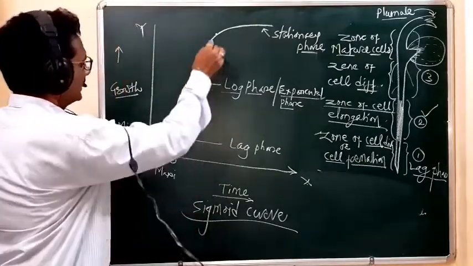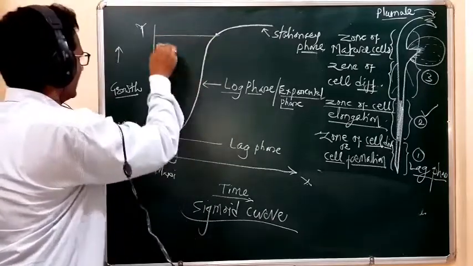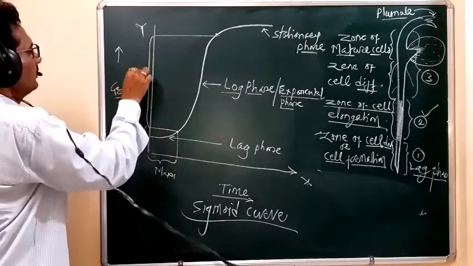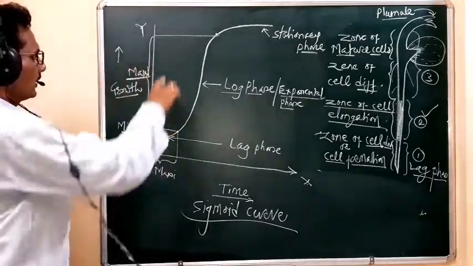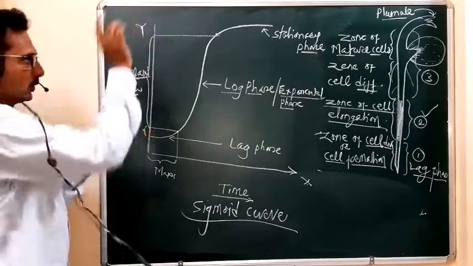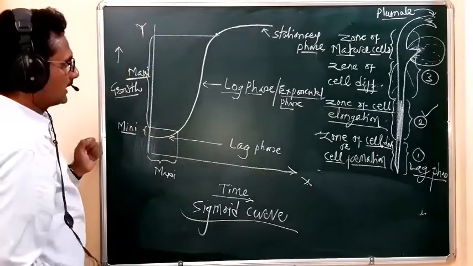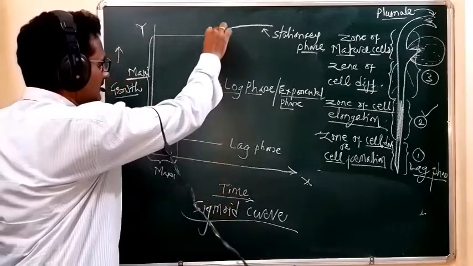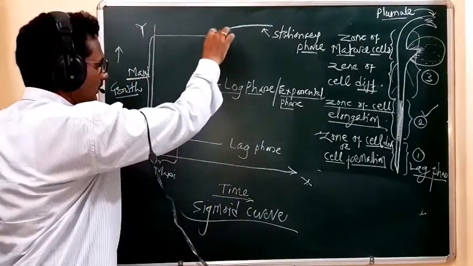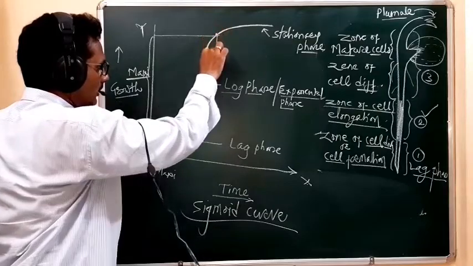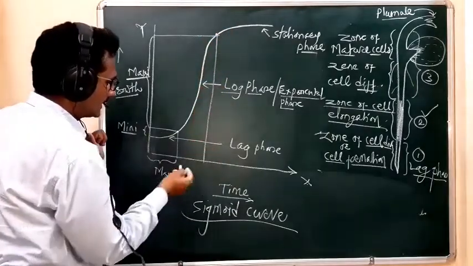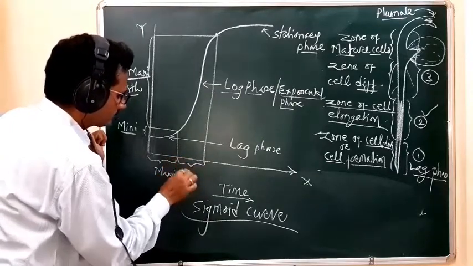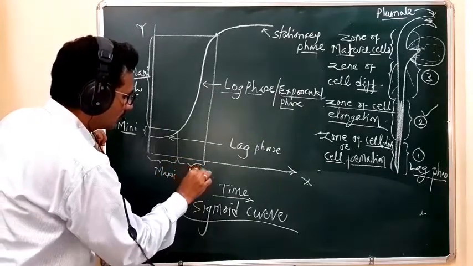So how much growth is seen? This much amount of growth is seen. The growth is maximum. But the time requirement is very minimum. When we draw a perpendicular on the x-axis, this time requirement is minimum.